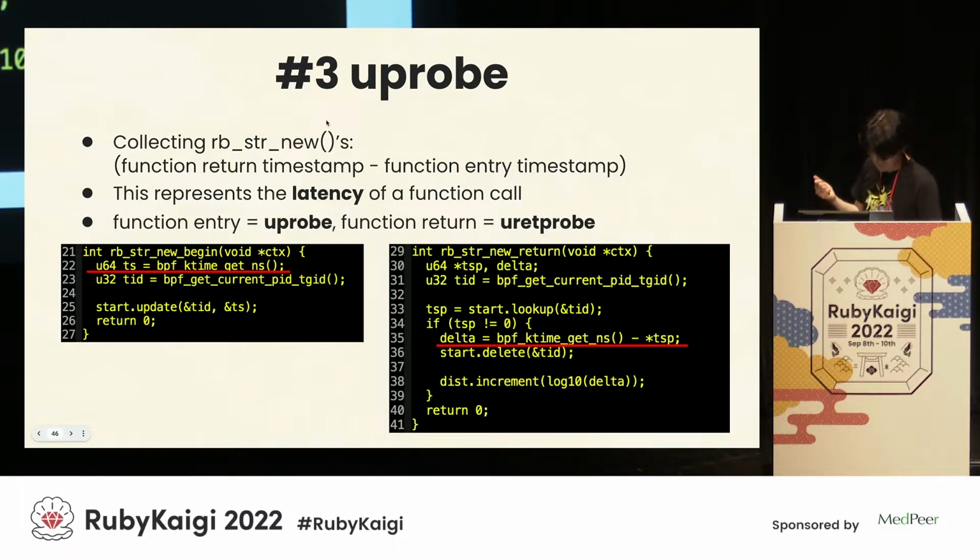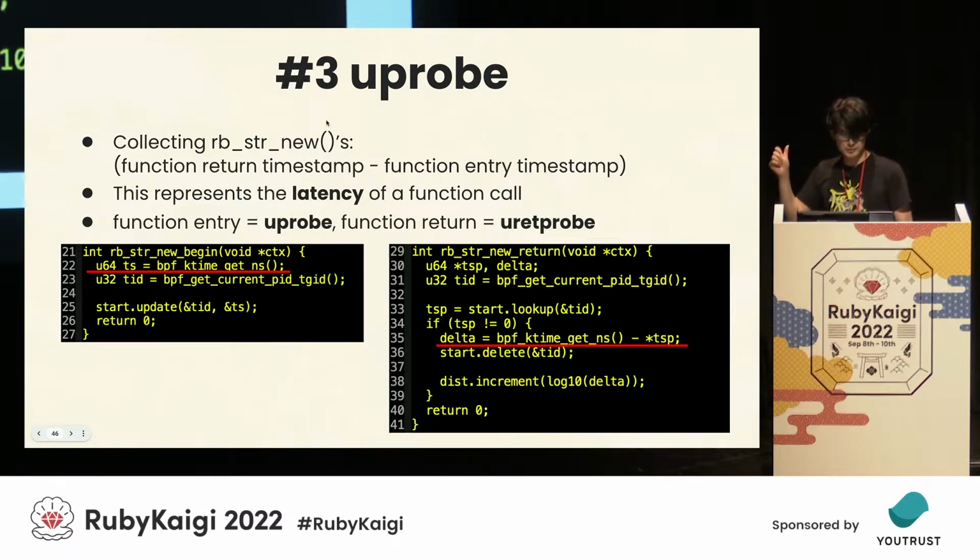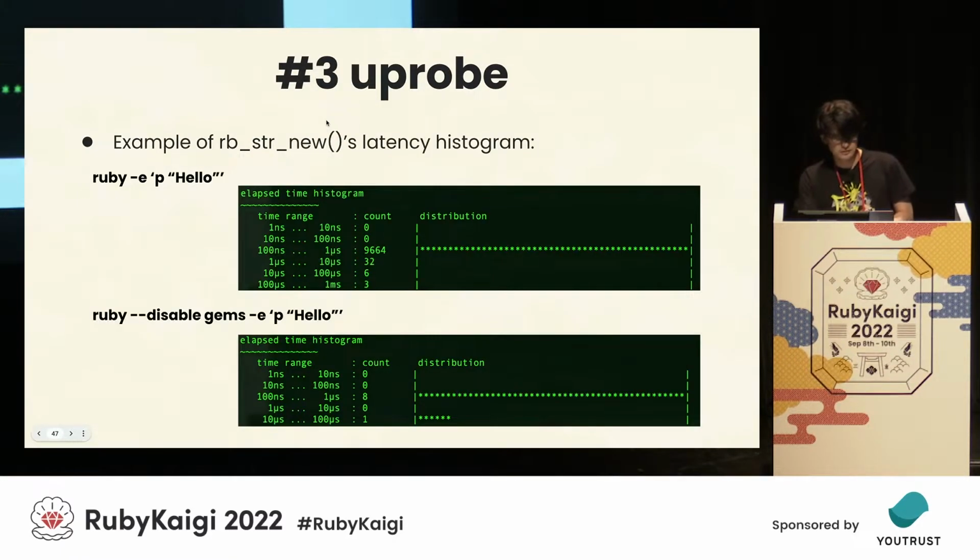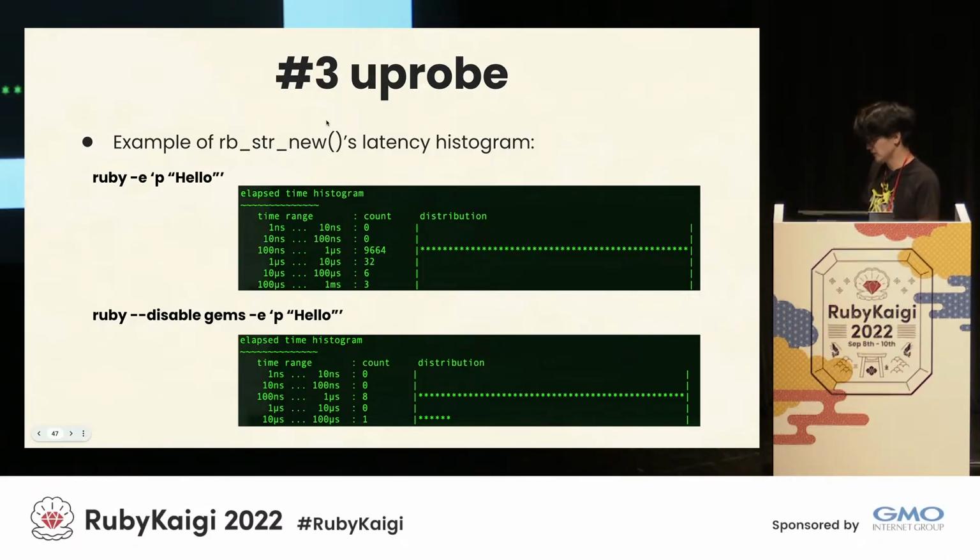So there are two probes: uprobe to trace function entry and uretprobe to trace return. There are also kprobe and kretprobe. Then this is the example output of rb_str_new latency in a histogram.